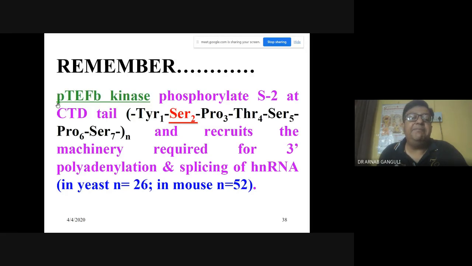There is this enzyme, P-TEFb kinase. It phosphorylates serine 2 at the CTD tail, at the C terminus of polymerase 2. And this recruits the machinery required for 3' polyadenylation and splicing.